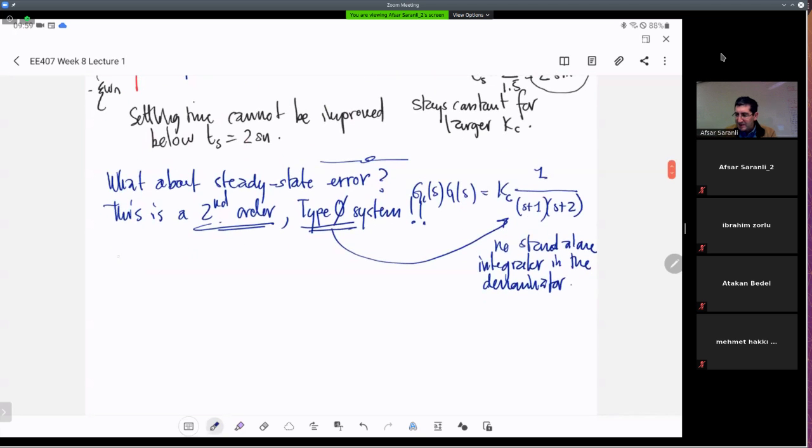What is the steady state error for a type 0 system? In this case, it will be 1 over 1 plus Kc over 2. Okay? And you can derive this from either limit of the error, or you can just find out the limit of the output and compare it with your reference signal.